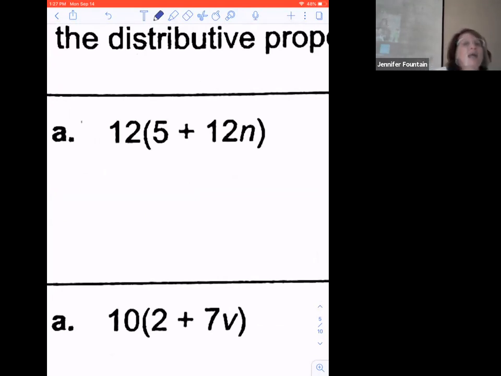So whenever I have a number outside of parentheses, what operation am I using? Multiplication. Okay, so right here, my parentheses are indicating that I need to multiply.